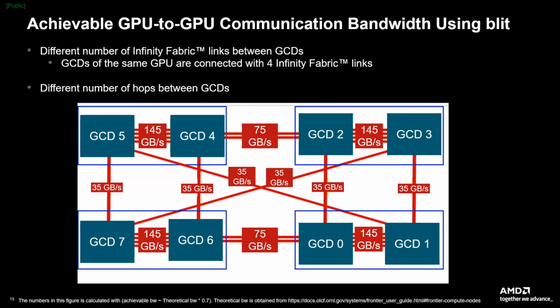However, for communication between GCD 0 and 2, there is 1 link, and we can get around 35 gigabytes per second. So how much bandwidth we can get depends on the number of links between the GCDs, and also the number of hops. If GCD 0 wants to communicate with GCD 3, then it has to go through 2 hops, so it has some more latency, which can impact the performance.